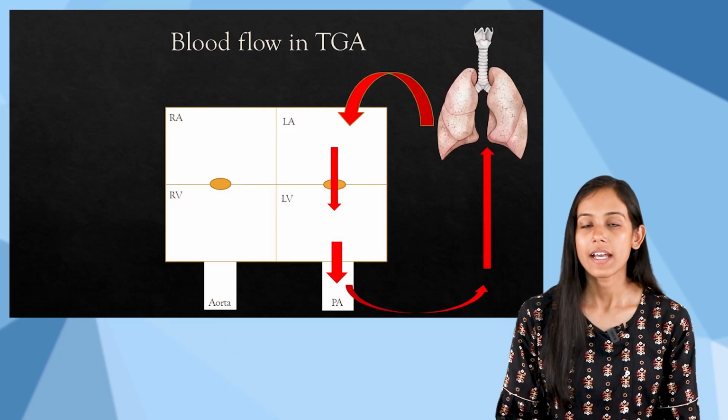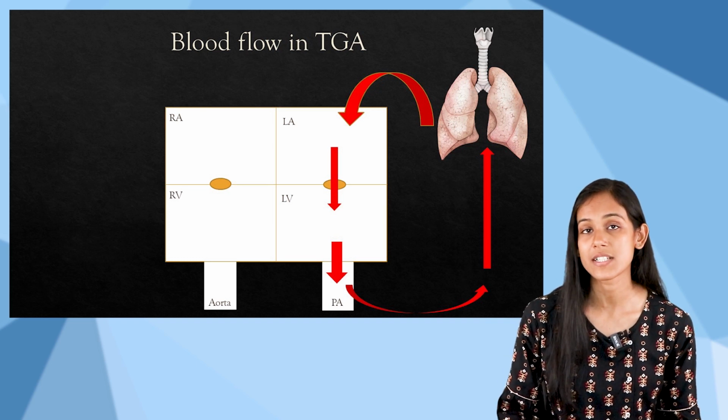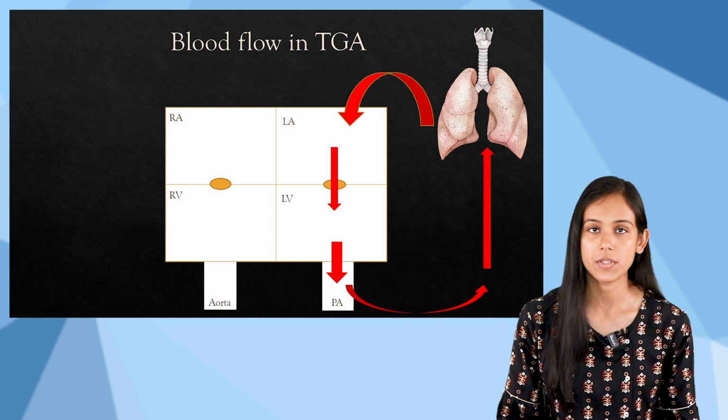That means they are not working in a series. So there is no communication between these two circulations, the right side of the heart and the left side of the heart. So we need to understand how the blood flows when these two major arteries switch their position.